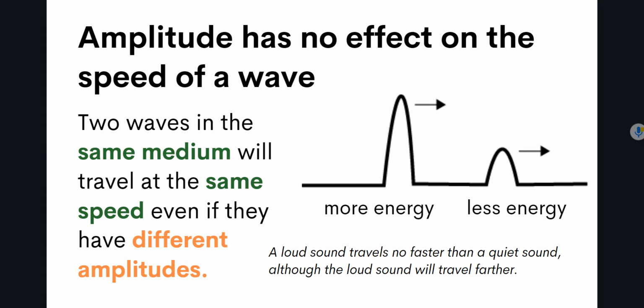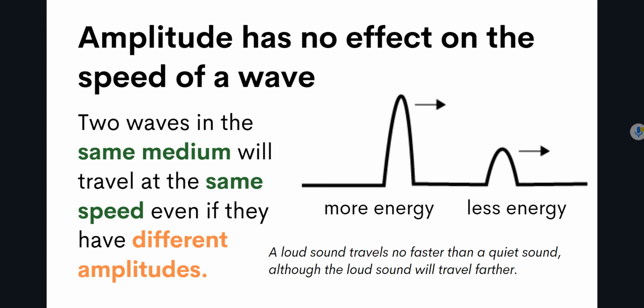The medium is basically the speed limit of the wave. We'll see later that sound moves faster through solids. It's carried much faster through solids than through liquids, and then it's even slower through gases, for instance.